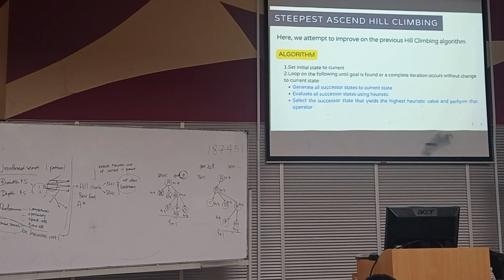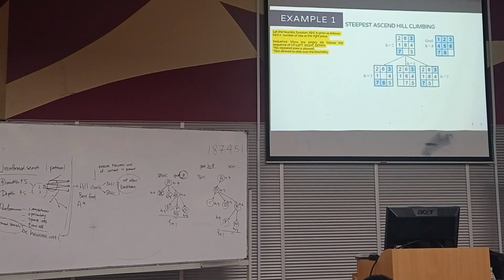Alright, is that clear? Okay, so look at this example here. You have a goal state, H equals 8. The current state is 2, still very far from the goal. So we expand all the possible states where you can turn left or right. You have 3 nodes here.